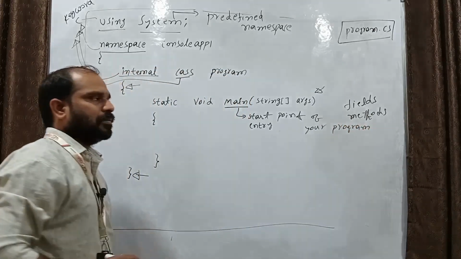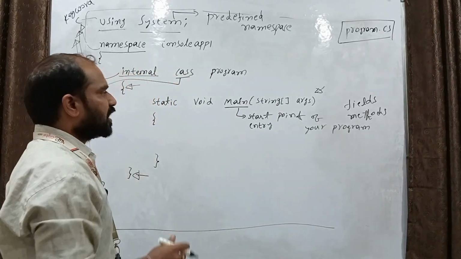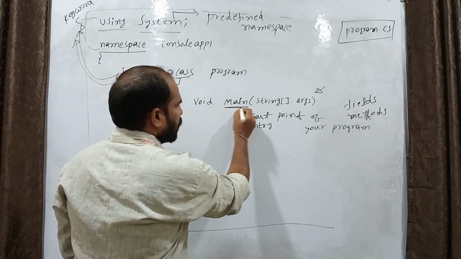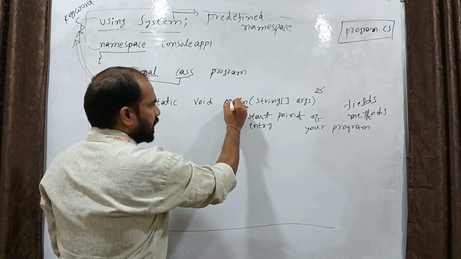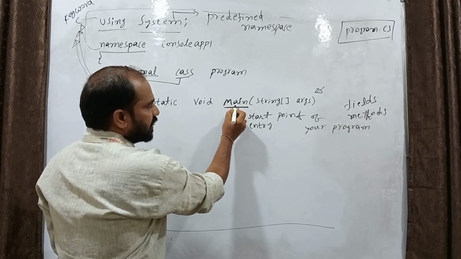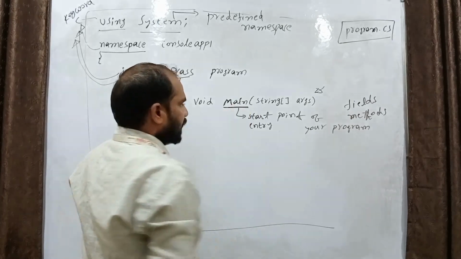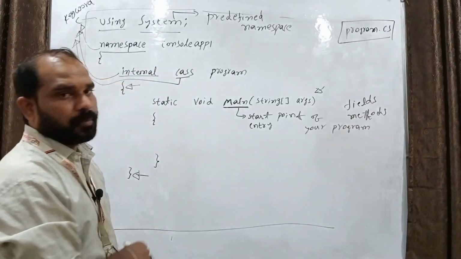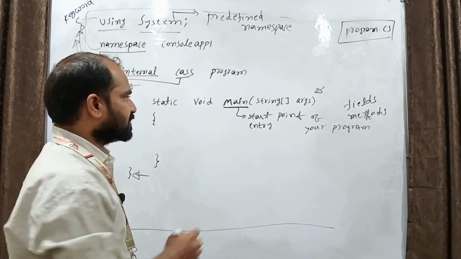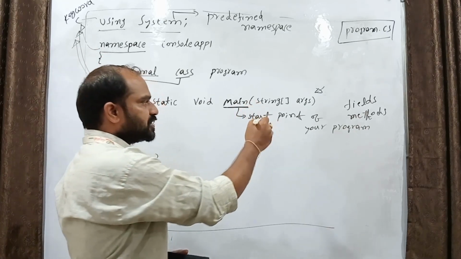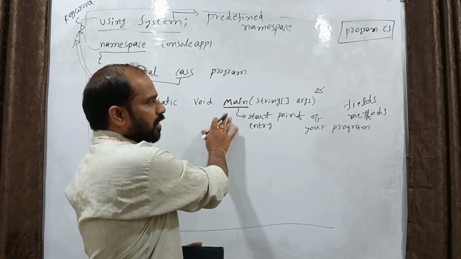Every file, like program.cs, should contain only one Main method. Observe that the name of the Main method should be like this only: M should be capital, and the remaining letters should be small. This is the default name for the Main method. Every program will contain only one Main method, because this is the entry point where the compiler starts executing your program from.